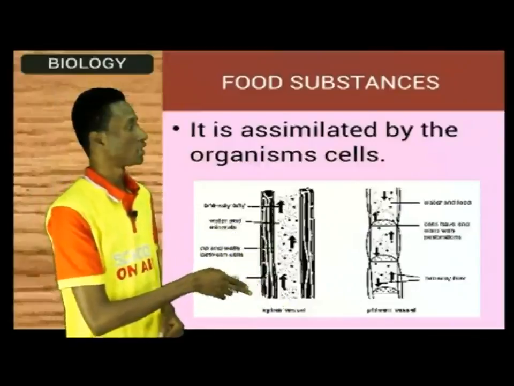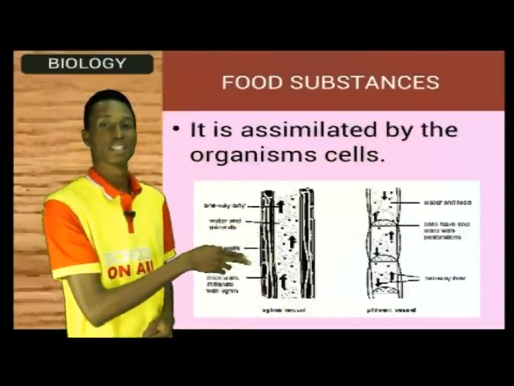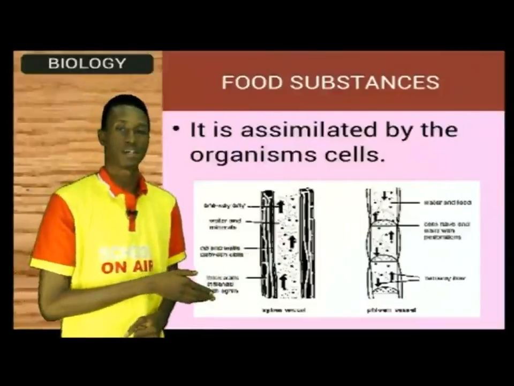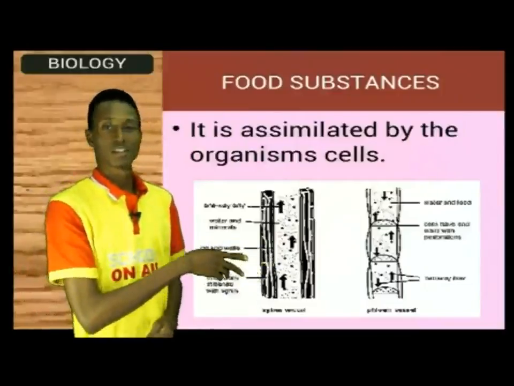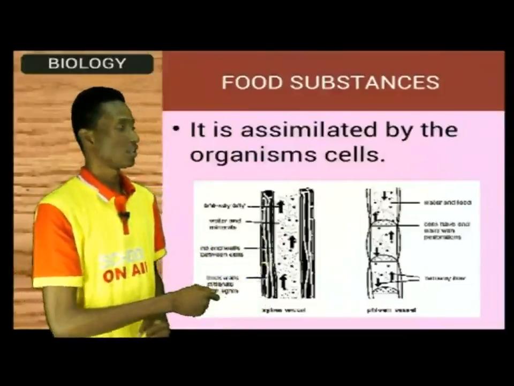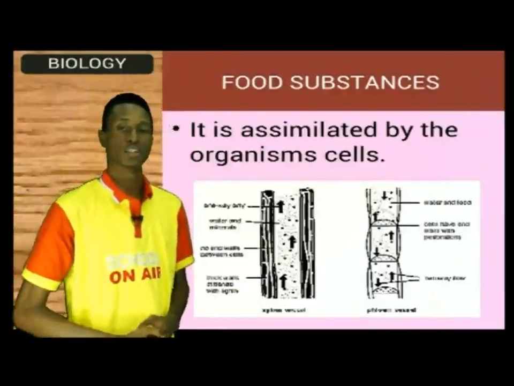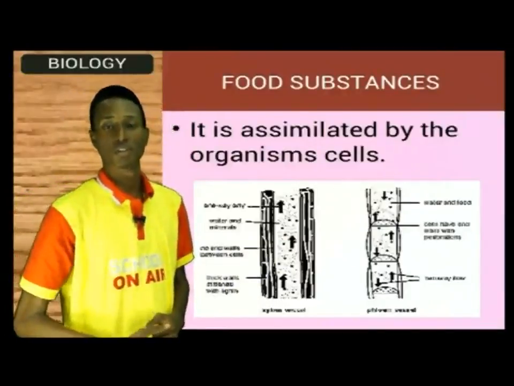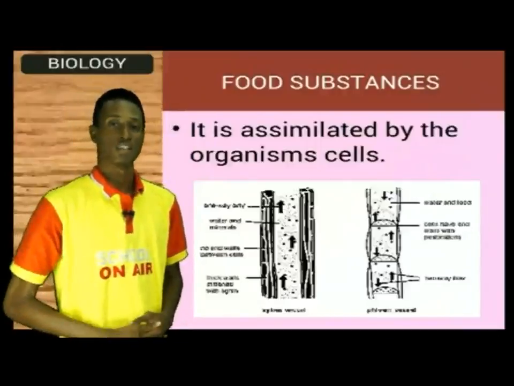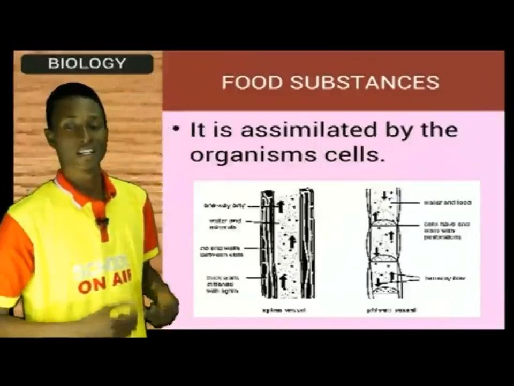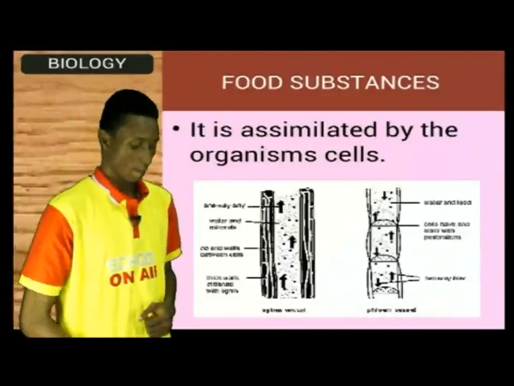When there is food intake, it is assimilated by the cells. It is broken down and used for repair, reproduction, growth, digestion, any biological process you can think about. Food is necessary because the end product of food is conversion into energy. It helps us repair damaged tissues and helps us in our daily growth and development.